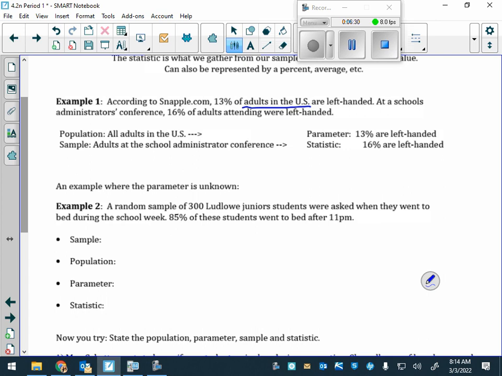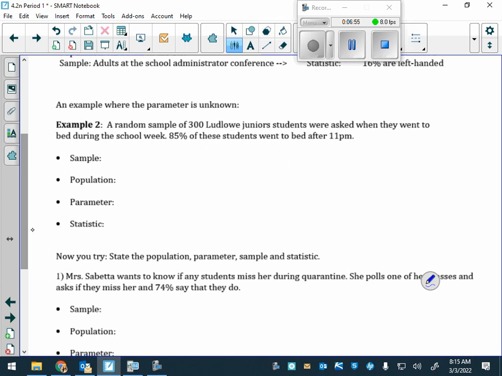Adults, adults, same. Mentioned in population and sample. Then parameter, you have both percentages, but one's about the total population and one's about the sample, okay? So you're going to see very similarities. Sometimes this is very easy, but people make it very complicated in terms of figuring out what the parameter might be. And we're going to see what it is right now when the parameter is unknown, okay?